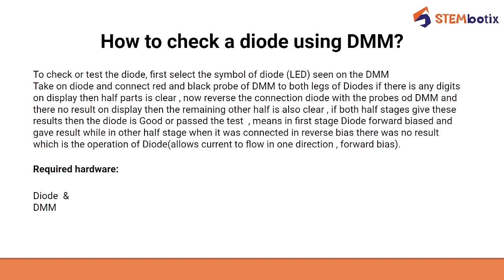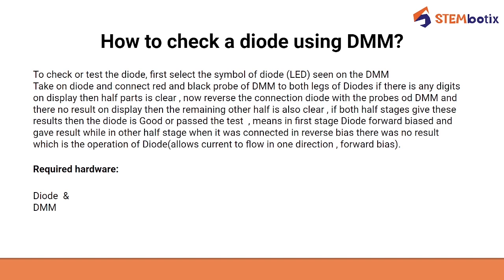By reversing the connection of the probes, if there is no result on the display, then the remaining half is also clear. The first was the forward bias connection and the latter half was the reverse bias connection.